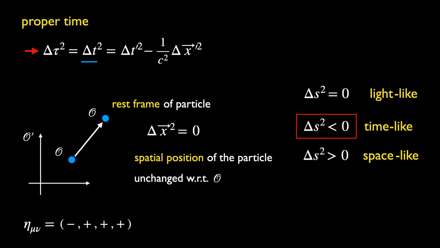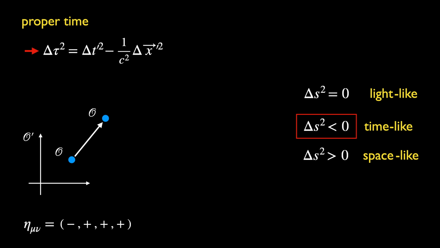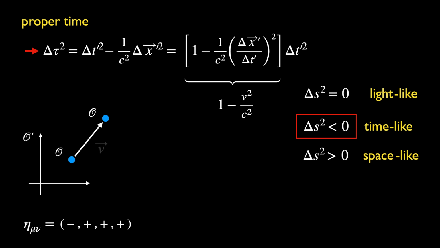Here, we can see that the proper time is really the time measured by O and can be regarded as the time experienced by the particle. We can factor out the square of delta t prime on the right-hand side to get a relation between the time of O and O prime. This factor is just the inverse of gamma square.